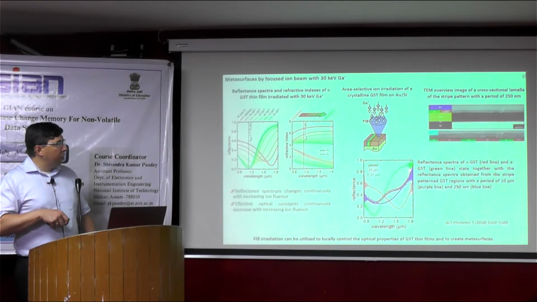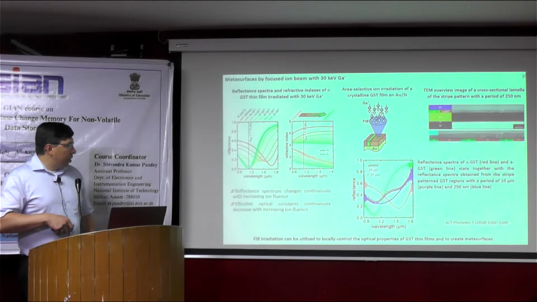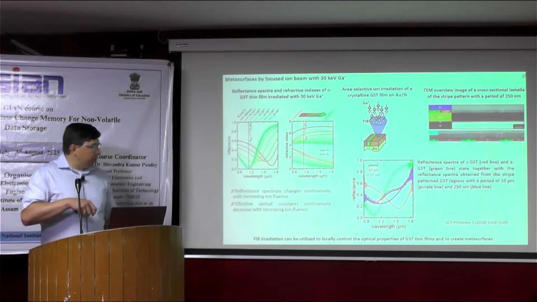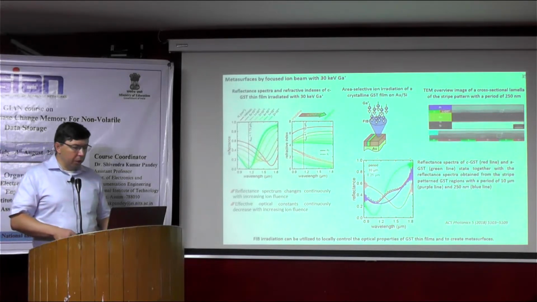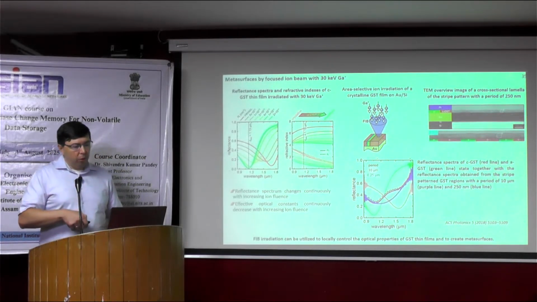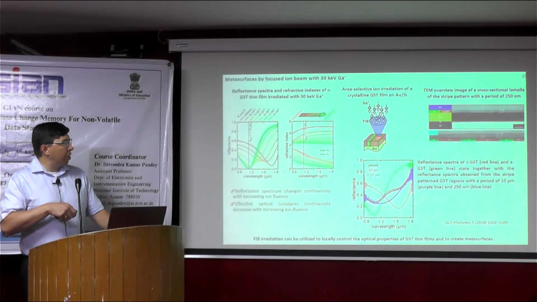This is for non-irradiated material, and this is for structured material with different spacing. We show that the reflectance is changed a lot, and so these ion beams can be used to locally control the properties of phase change materials, and you can also create different types of structures by using a focused ion beam.